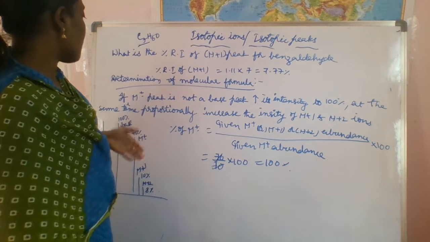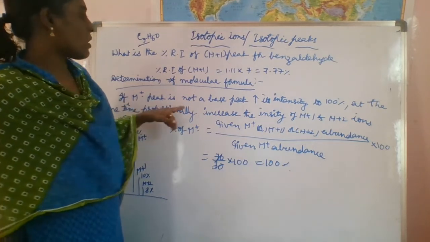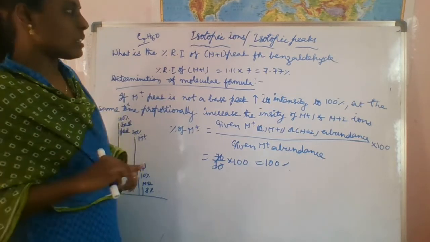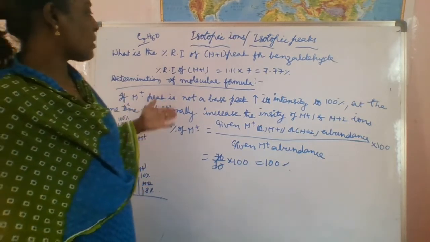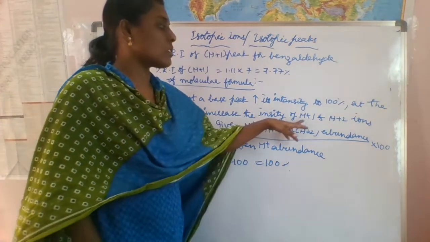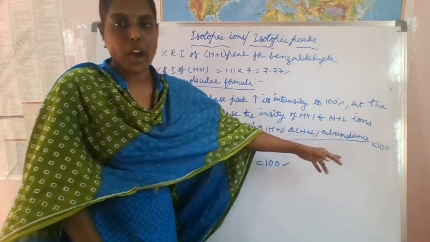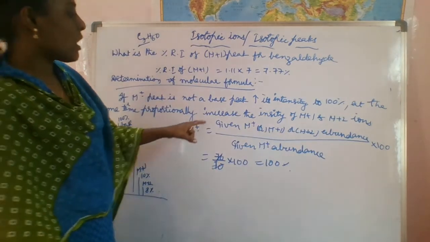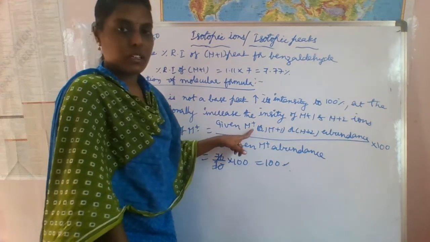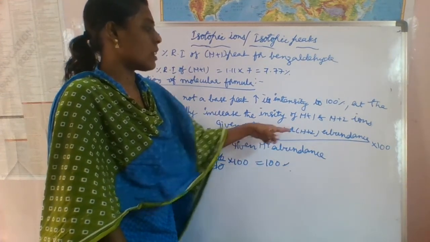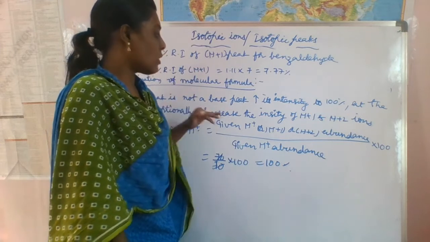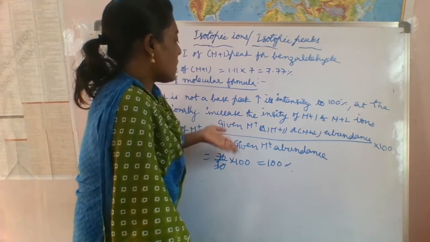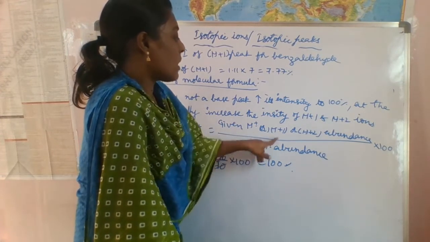So there are some basic points. If the molecular ion peak is not the base peak, we have to increase its intensity to 100%, and at the same time, proportionally, we have to increase the intensity of the M plus 1 and M plus 2 ions, right? First you have to take the given molecular ion peak, or M plus 1 or M plus 2, and increase the intensity by the given molecular ion abundance.